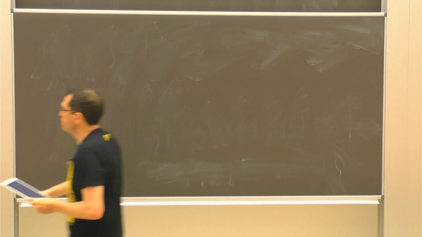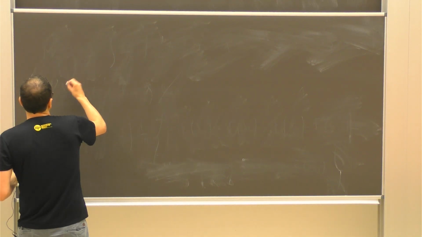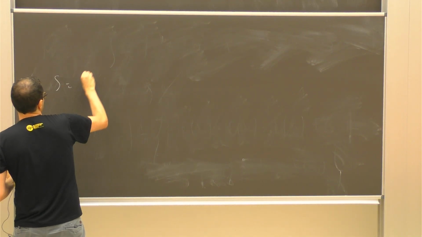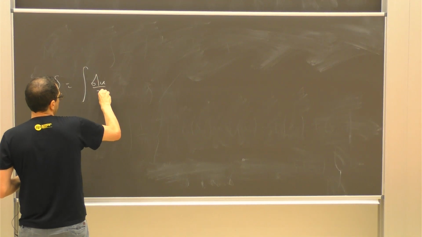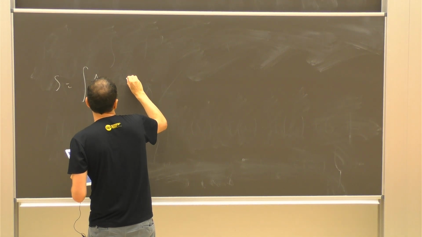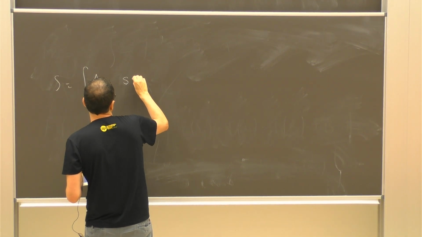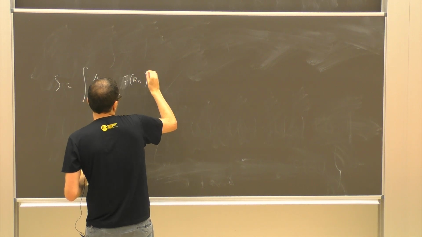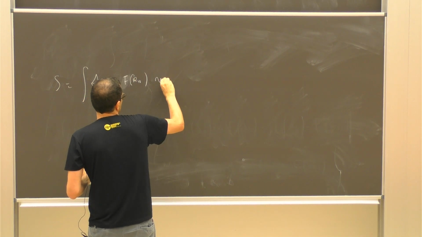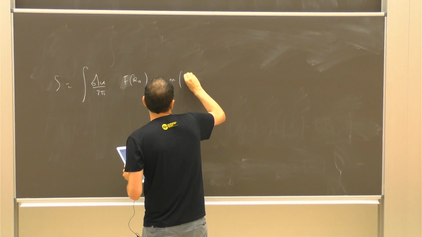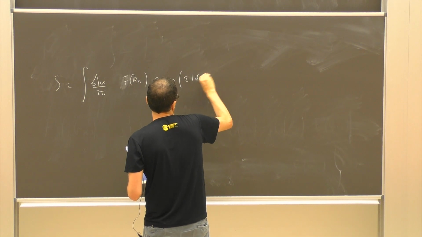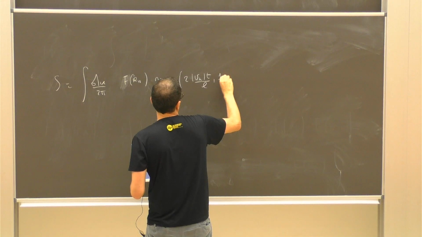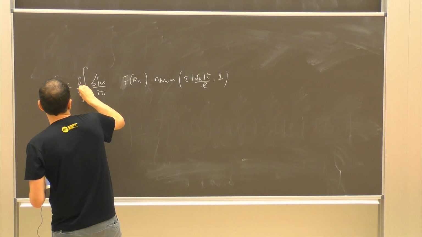So let's consider these pairs. I have to rewrite the formula. S is equal to the integral dk over 2 pi, and then we have some function f of A11, min of 2 vk t over L, and 1, here is L over 4.